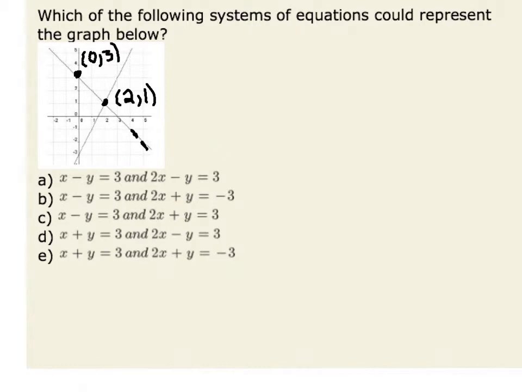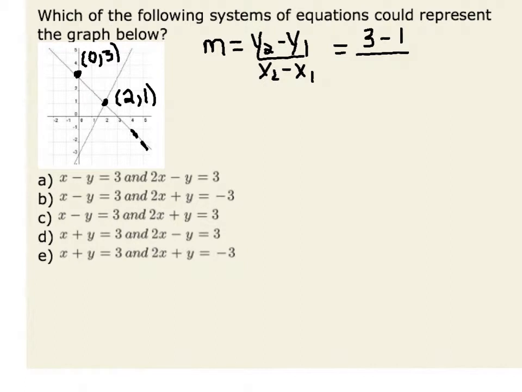In order to find the equation of this line, I would find the slope, which is the change in y over the change in x. This is given to us by taking 3 minus 1, or the change in y, over the change in x, which is 0 minus 2. 3 minus 1 is 2, and 0 minus 2 is negative 2, giving us a slope of negative 1.